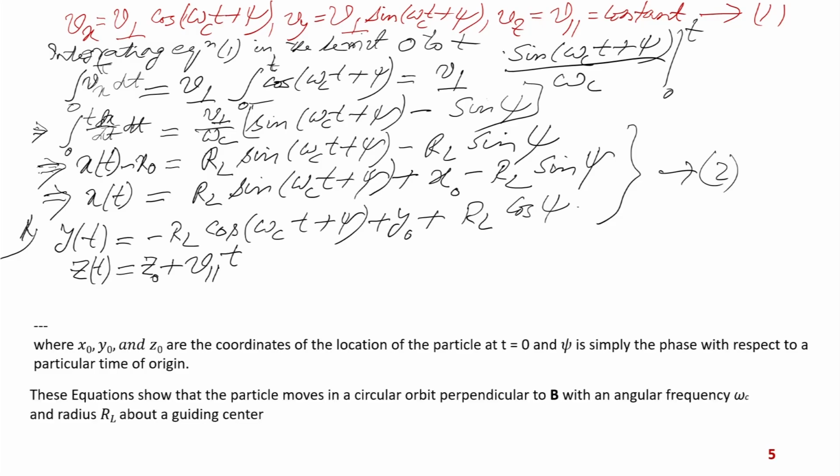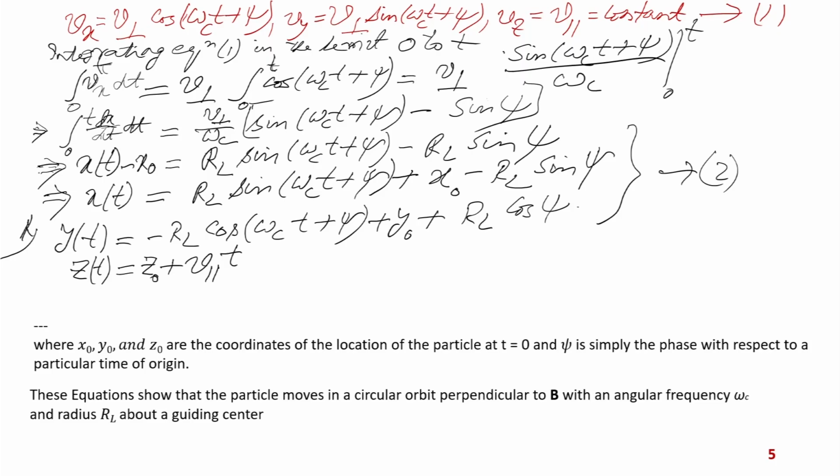For the position x, y and z, these equations show that the particle moves in a circular orbit. The expressions for x and y represent a circle.